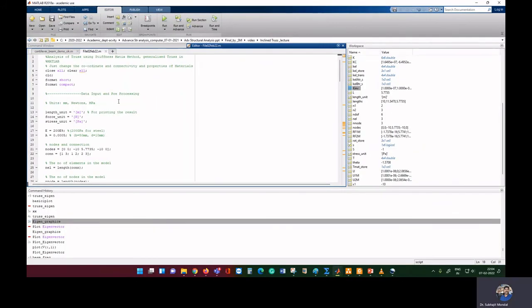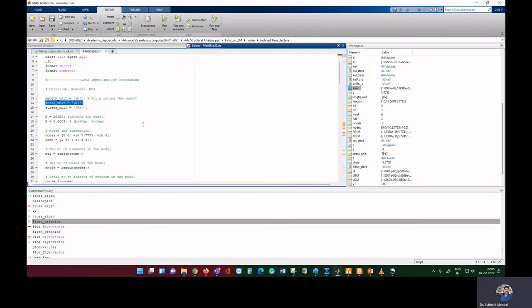Now here we'll see how we can solve the same problem in MATLAB. A few things you have to remember: MATLAB does not know any unit system, so whatever you want to do, you have to follow a unit system. I normally follow Newton meter. All the forces I apply in Newton, and length and area I put in meter.